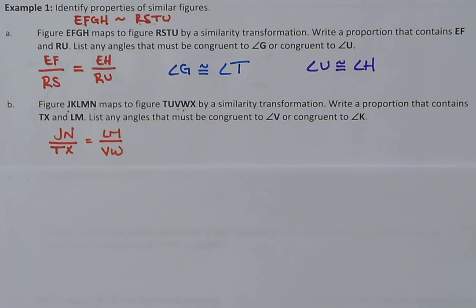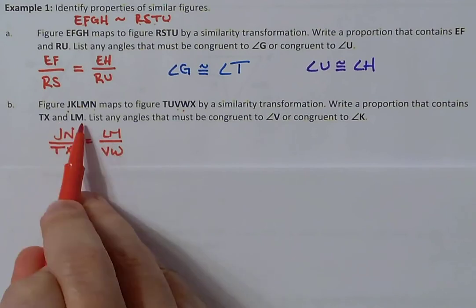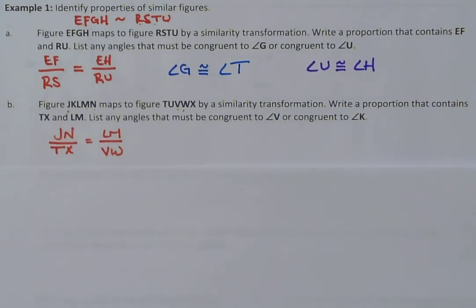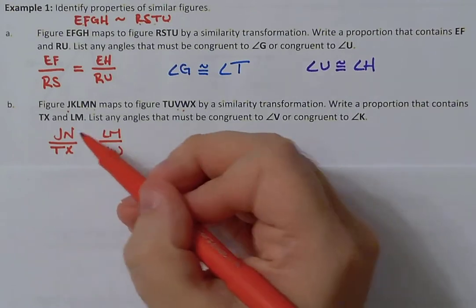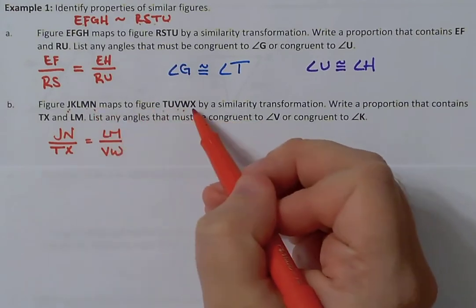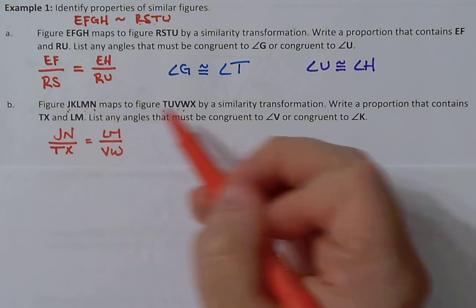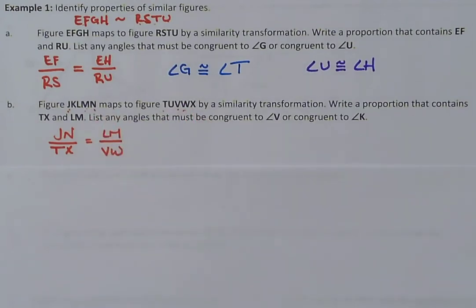And then that is going to complete our proportion that contains TX and LM. So we do have a true proportion because JN and TX are the first and last letters of both statements, and LM and VW are the third and fourth letters of each statement.